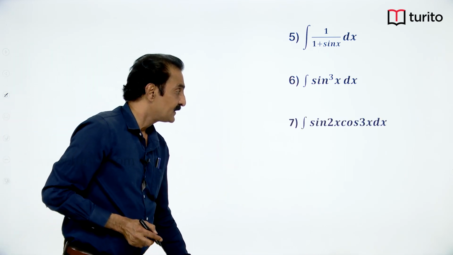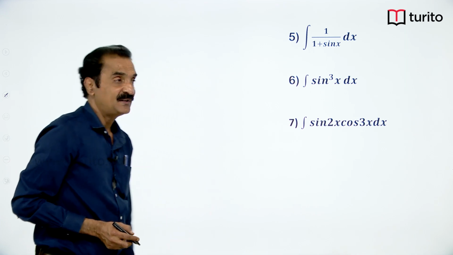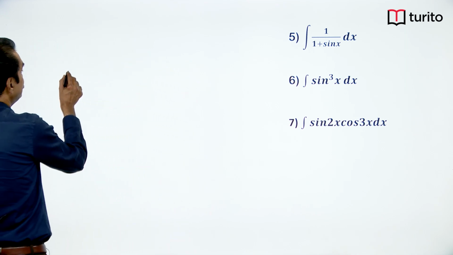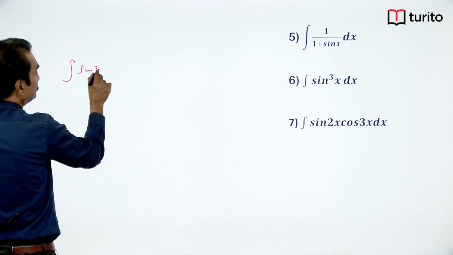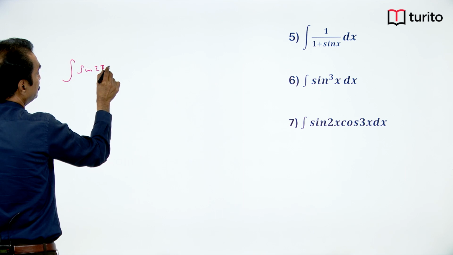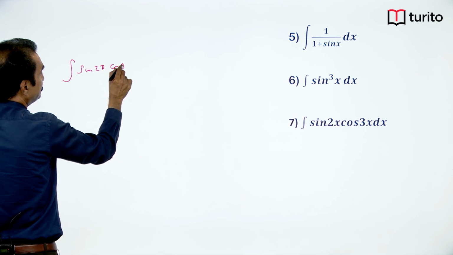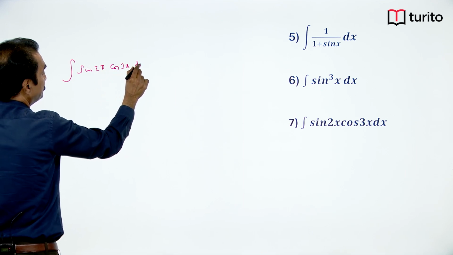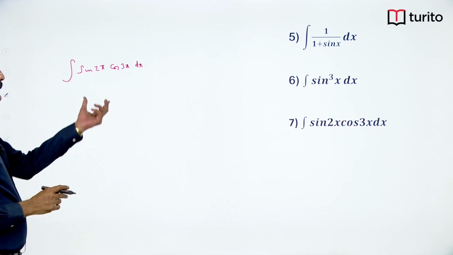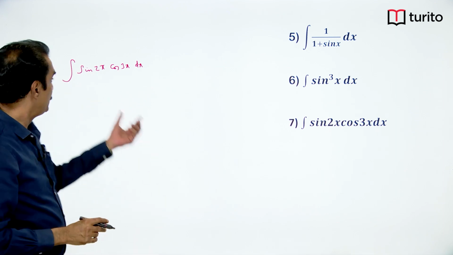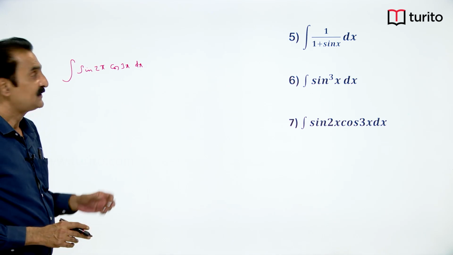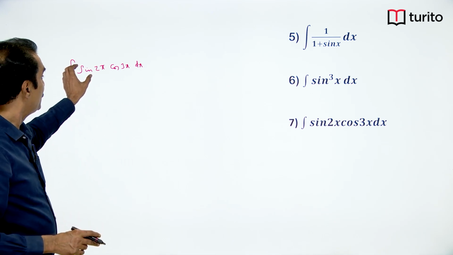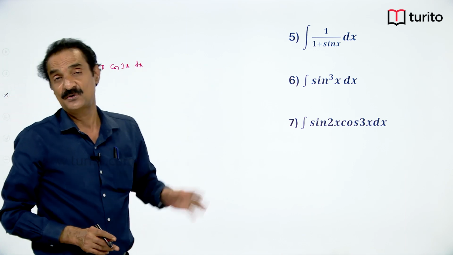Integral sin 2x into cos 3x dx. When there is a product like this, we know the separate integrals, but we cannot substitute separately integral of sin 2x and integral of cos 3x.